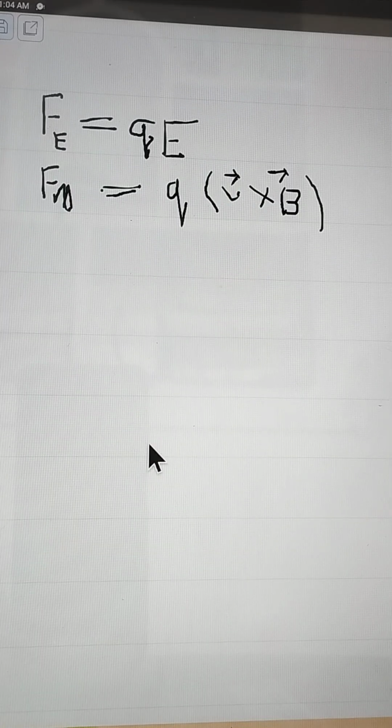And also we have seen that when the charge is moving with the velocity v in a magnetic field B, it will experience a magnetic force F equal to q v cross B, that is qvB sin theta. Maximum force will be equal to qvB.